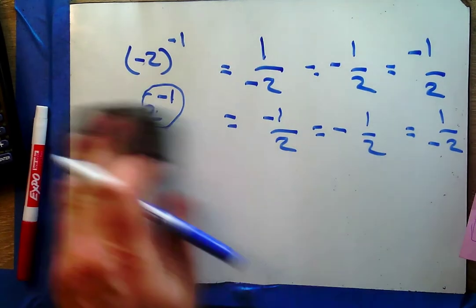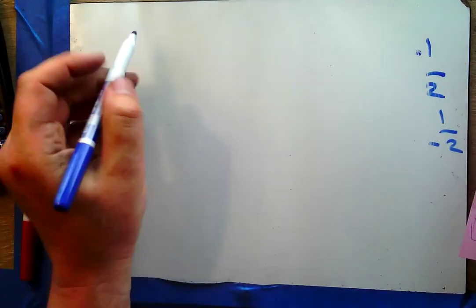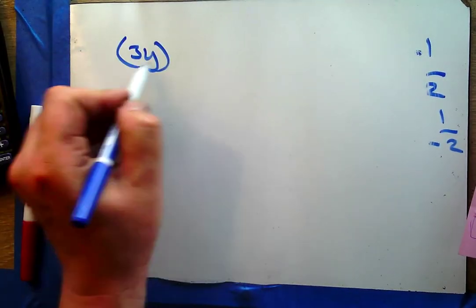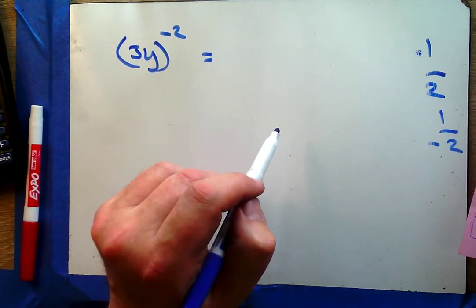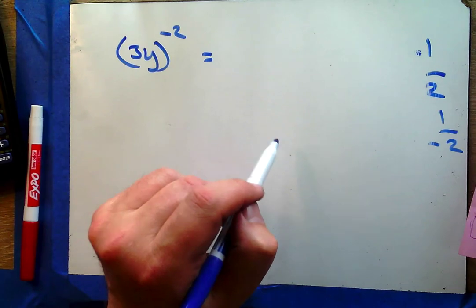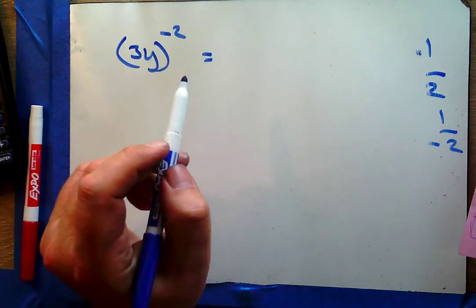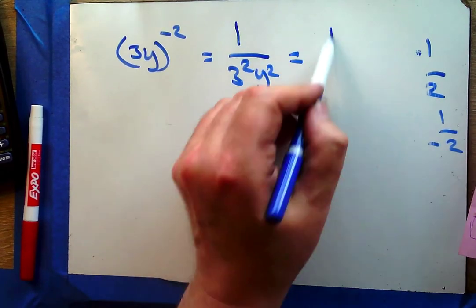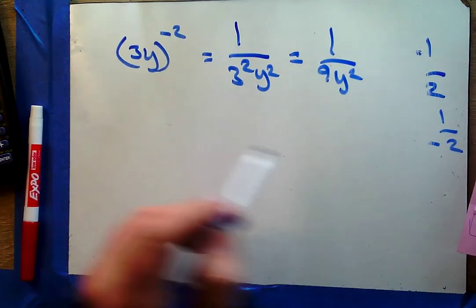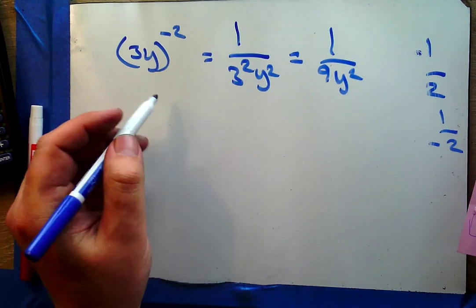What's next? Okay. How about 3y to the negative 2? 5, 4, 3, 2, 1. Great. 1 over 3 squared y squared, or 1 over 9y squared. That's my answer. I hope you had it as well.